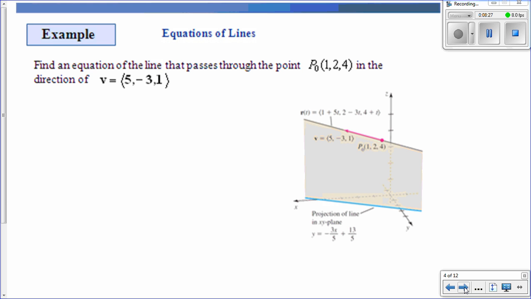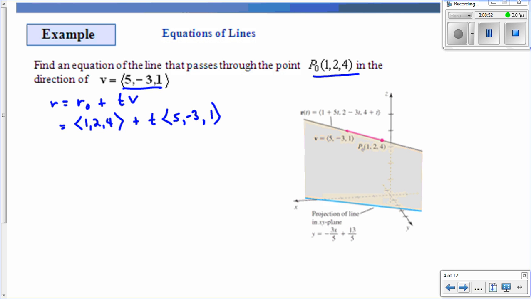Okay, I want the equation of a line passing through this point in this direction. So using the formula, we know that r is equal to the initial vector plus t times the vector v. So we'll have 1, 2, 4 plus t times 5, negative 3, 1. And that will give me x, y, z.